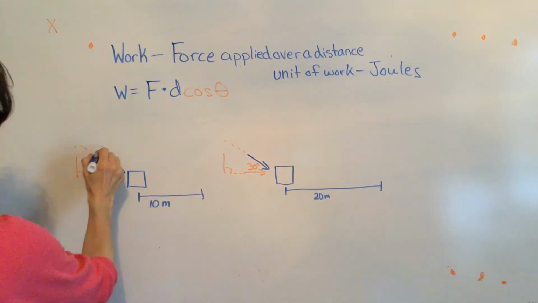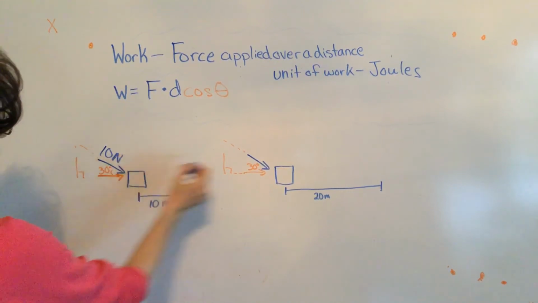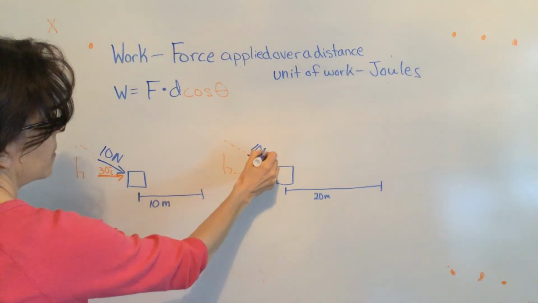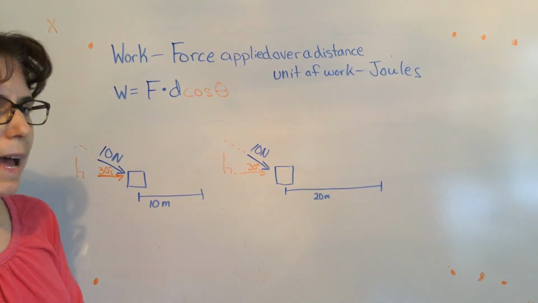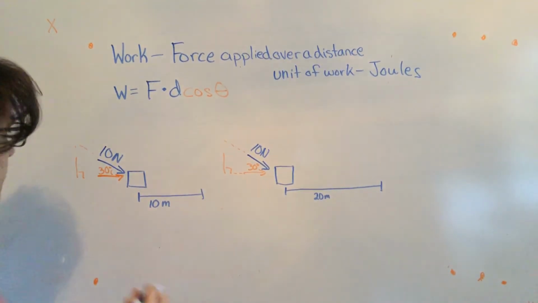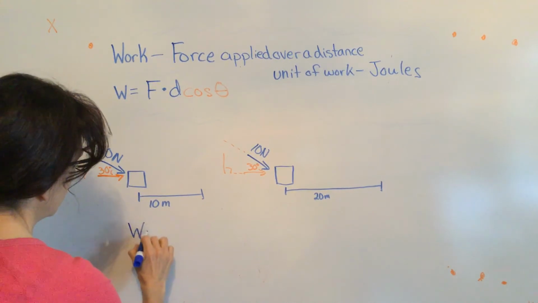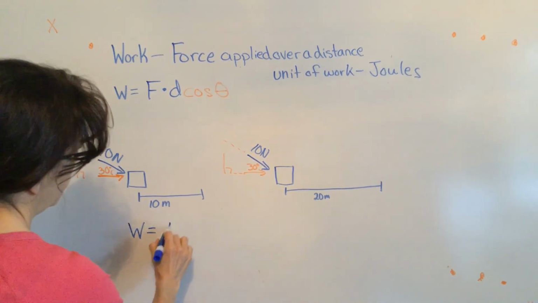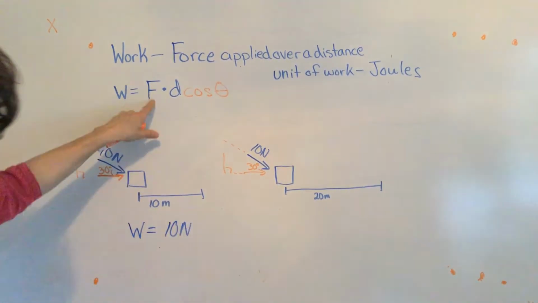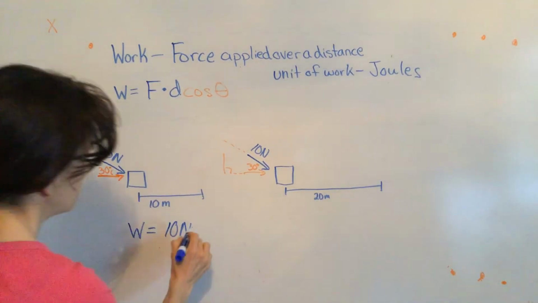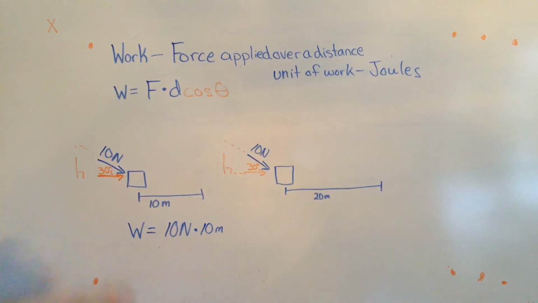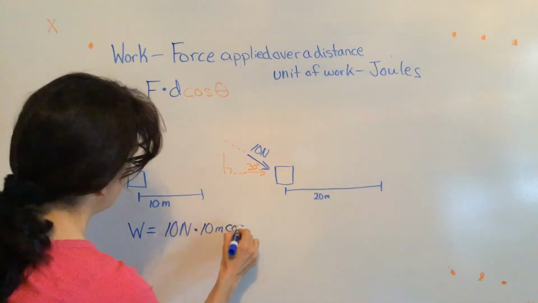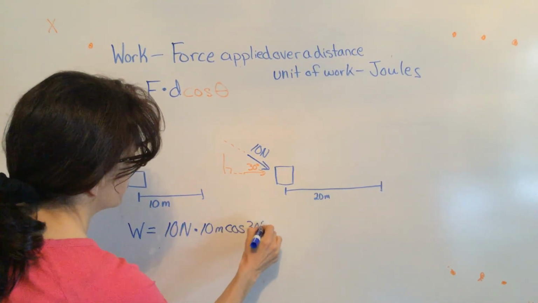We're applying 10 newtons of force, but the question would be how much work is actually taking place. So work equals force of 10 newtons over a distance of 10 meters, but we only want the parallel component, so we need the cosine of 30 degrees.